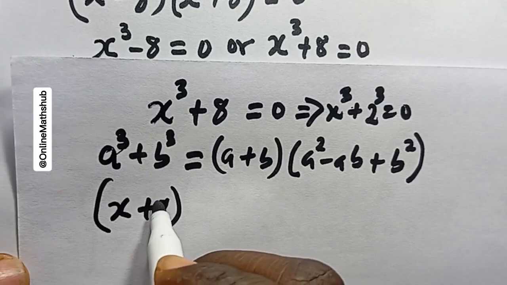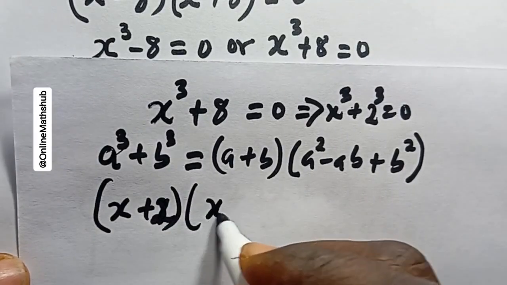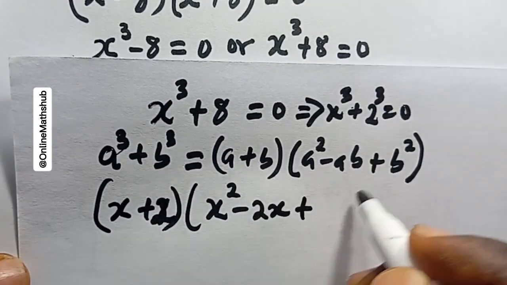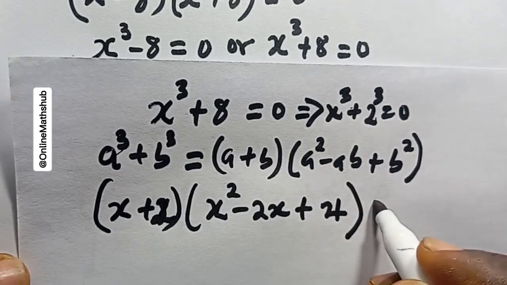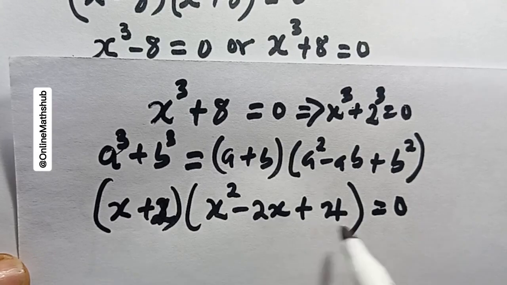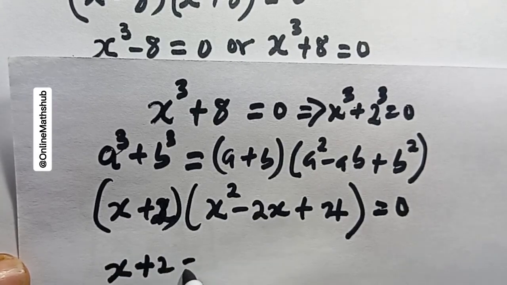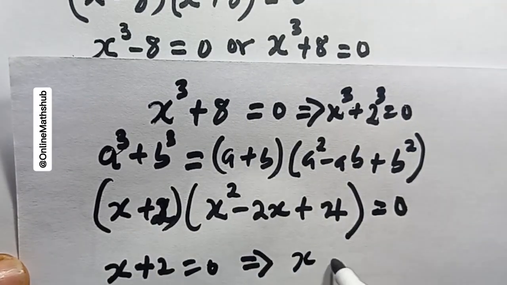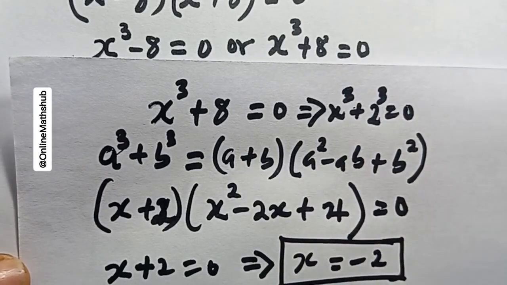So we have x plus 2, multiplied by x squared minus 2x plus 2 power 2, which here will be equal to 4, and this will be equal to 0. If I apply the zero product rule, you see that x plus 2 is equal to 0, which implies that x is equal to negative 2. This will be the next value of x.